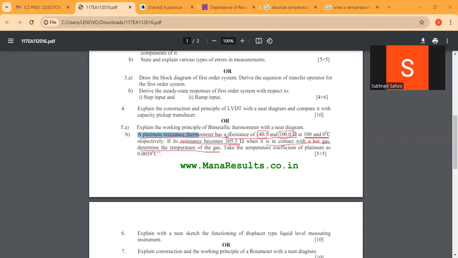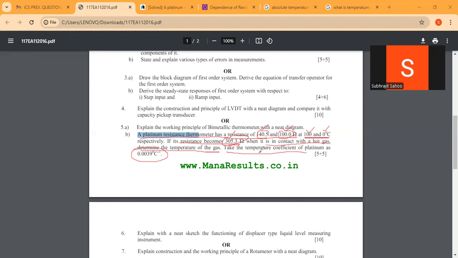Resistance increases means definitely the temperature becomes more. At 0 degree, resistance is 100 ohm. At 100 degree, resistance is 140 ohm. Now resistance is 305. What is the temperature you need to calculate? Take the temperature coefficient of platinum as 0.0039 per degree Celsius. That means alpha value is given.